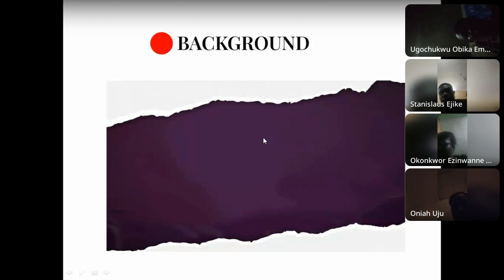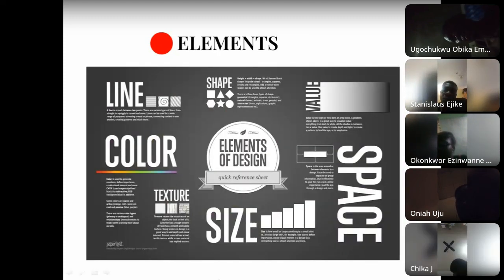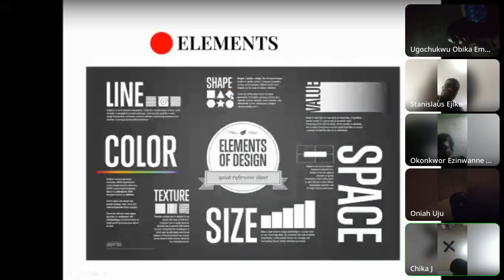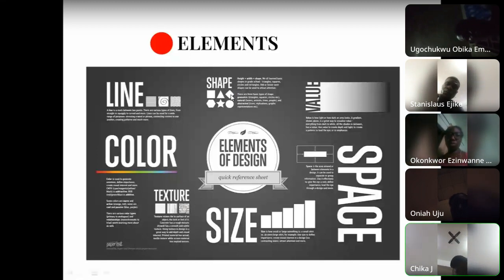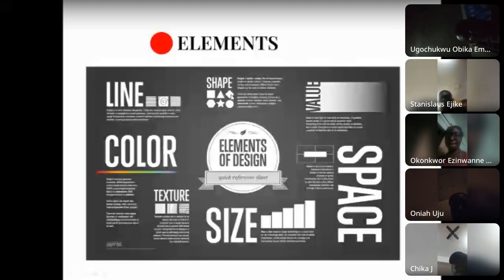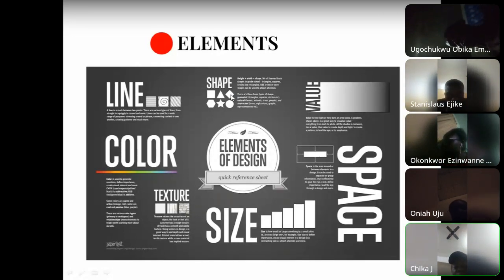Now, the next thing I want to talk about is element. I've talked about typography, that's the style, the text type. I've talked about color. I've said that for your color combination, it should be lighter.